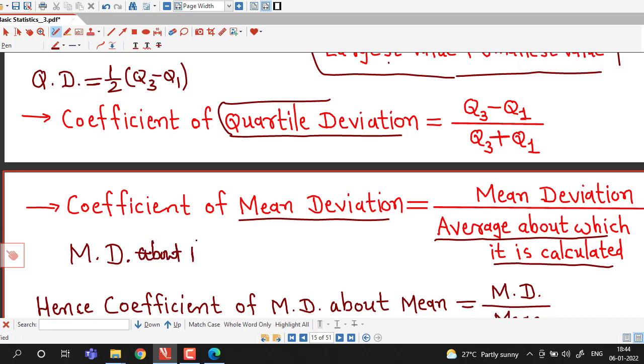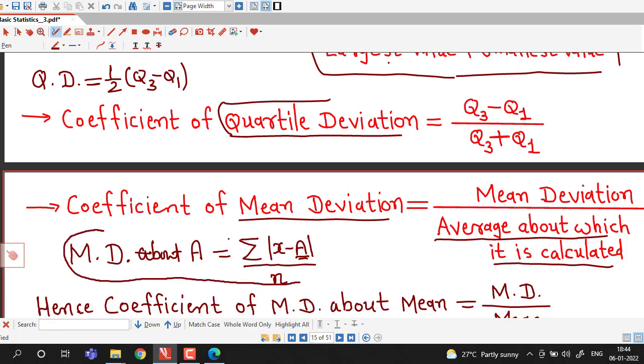Suppose we consider average A, then it was defined as sigma of the absolute values of deviations of the variable from the assumed average, divided by total number of observations. Here this average A is either mean, median or mode.